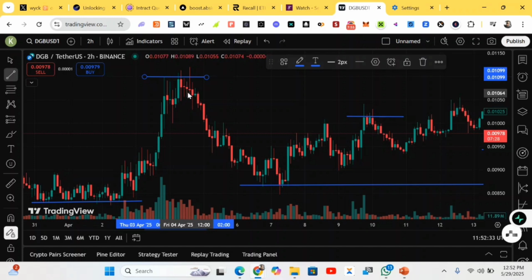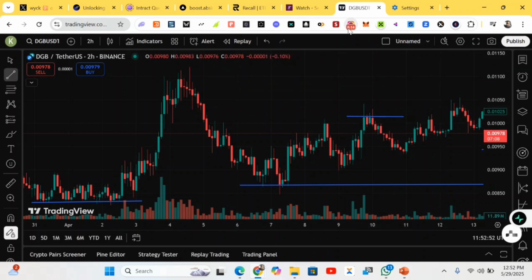You put your stop loss somewhere at, let's say, 0.01, somewhere over here. You could have made massively, as you can see over here.